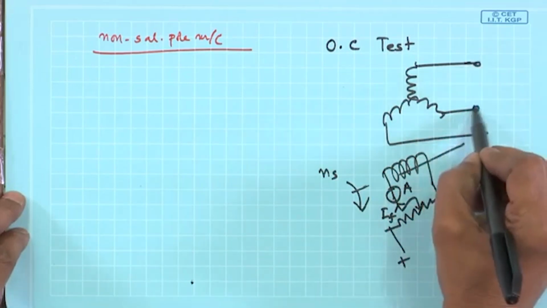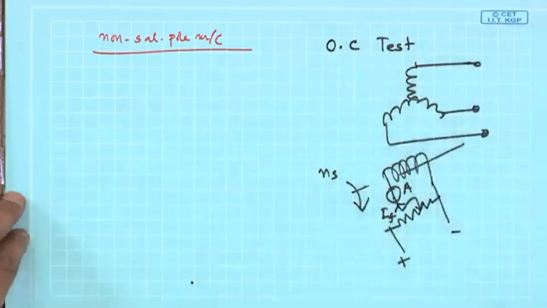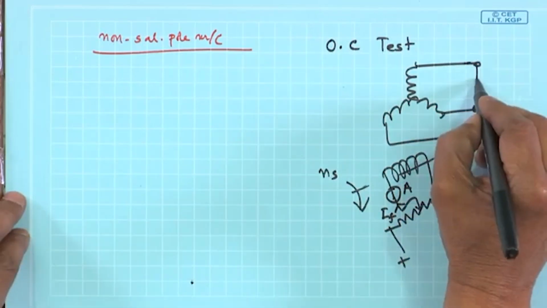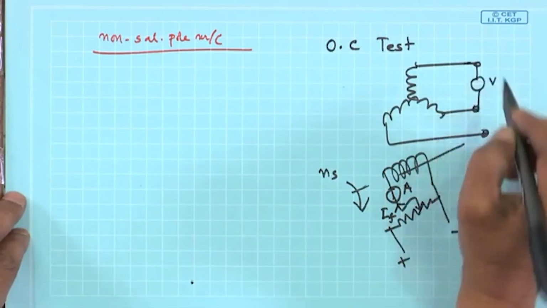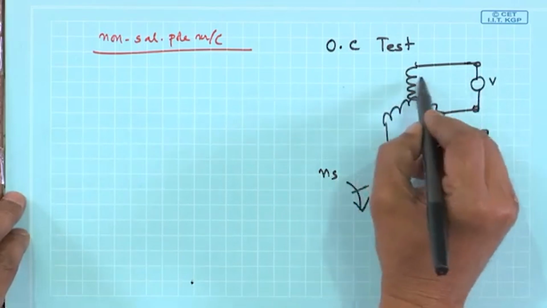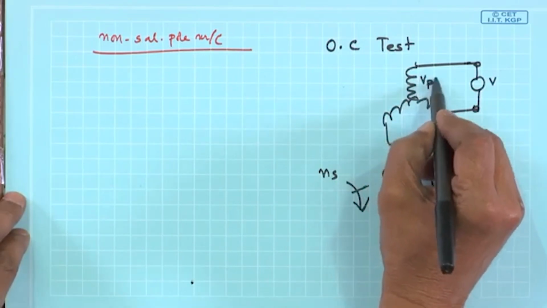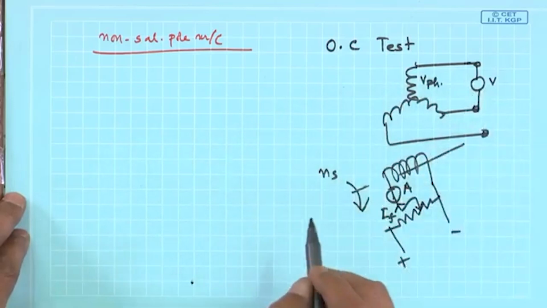Here do not connect to any bus or load, connect a voltmeter. That divided by root 3 will give you the V phase voltage, the induced voltage.